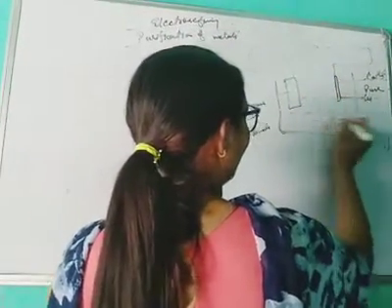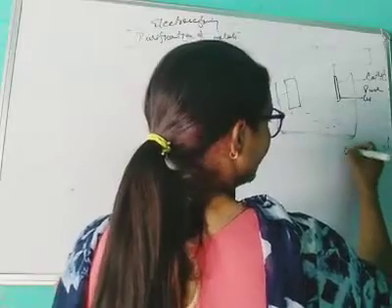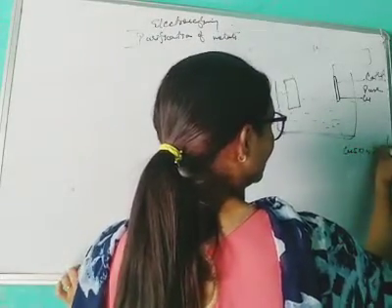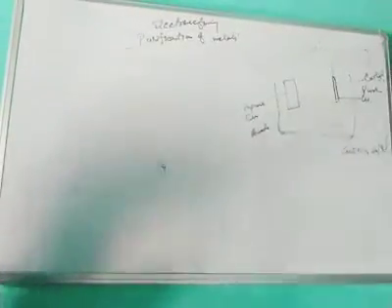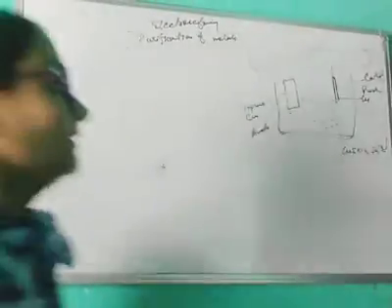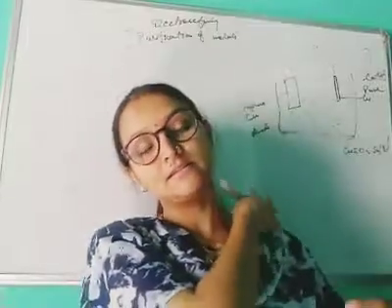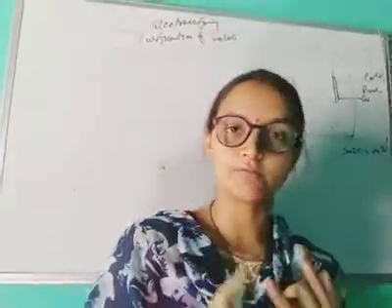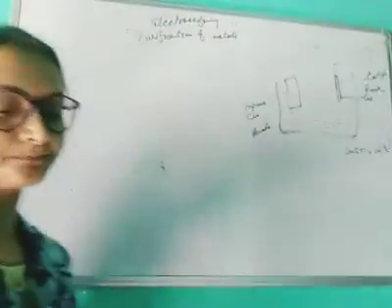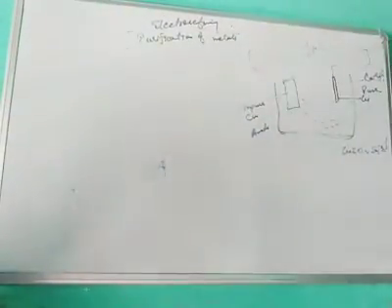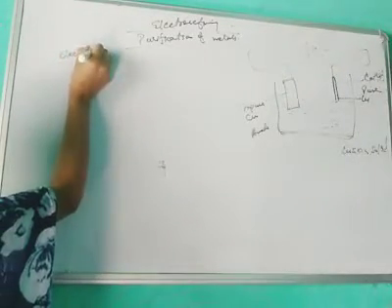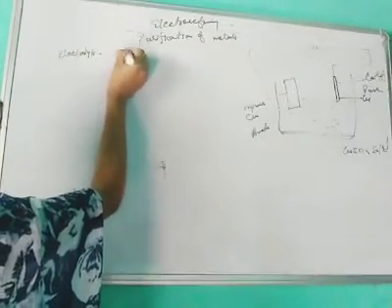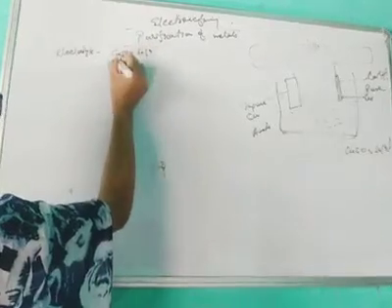And here you have to use the same copper sulfate solution. Now see what will happen, the same as we did in electroplating. The electrolyte is CuSO4 solution and H2O.